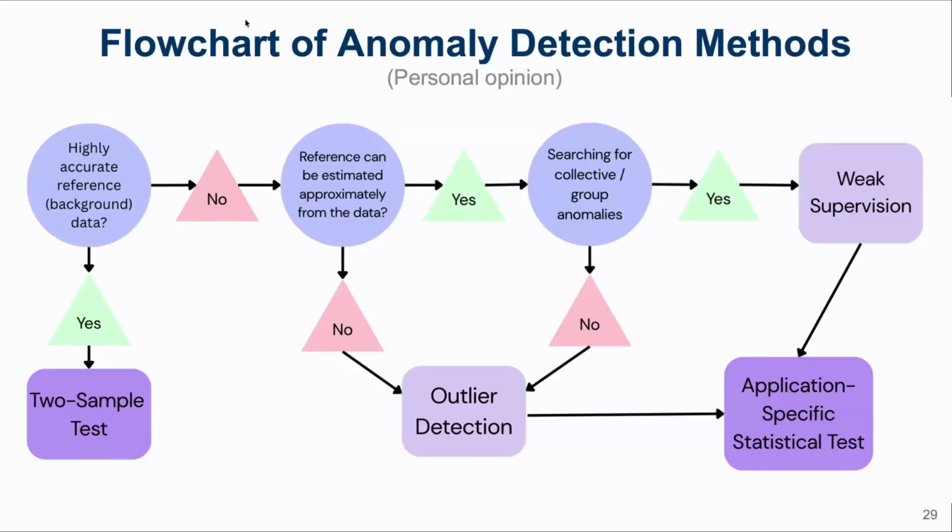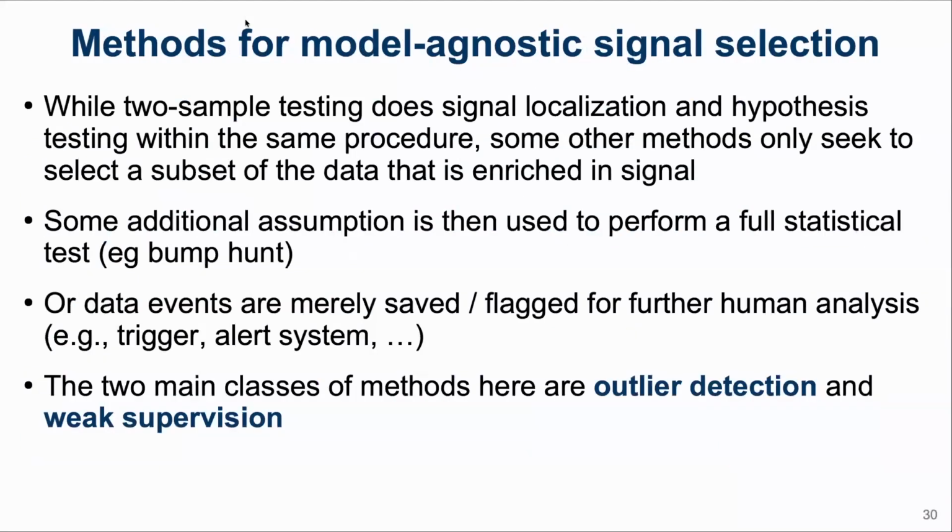You have to make some sort of assumption. And so we're saying it's application specific. I'll talk about some applications we've done in high energy physics of how you do this, but we don't have a general formulation. But you do something to down select the data to be in some kind of subspace where you think you might be more sensitive to the signal. And then you apply statistical tests that we understand well in high energy physics.